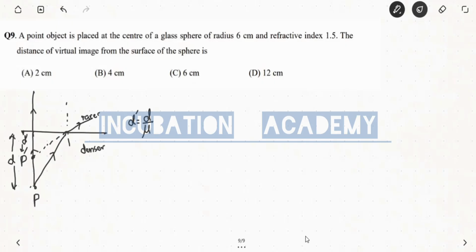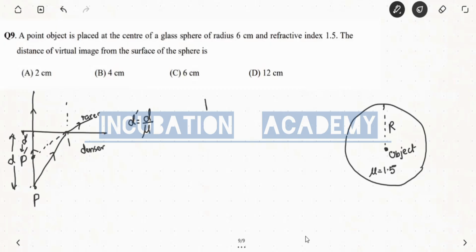Here it is said that there is a sphere. I'm trying to draw the sphere. Let us assume this is the sphere, and the object is placed at its center. This is a glass sphere, so its refractive index is 1.5 or 3/2. The object is a point object. If anyone wants to see it, the radius of the sphere is considered the real depth.